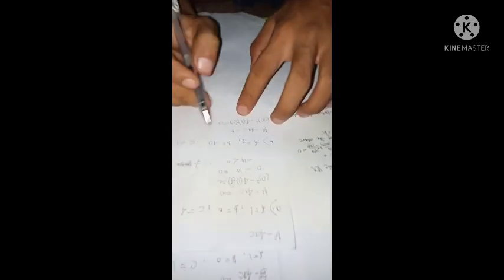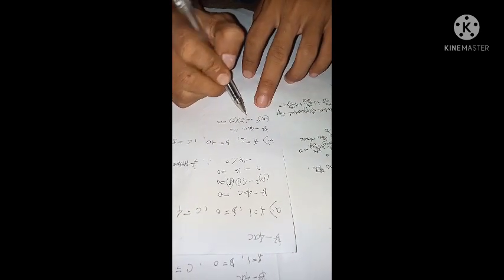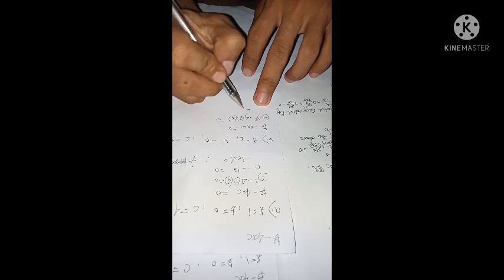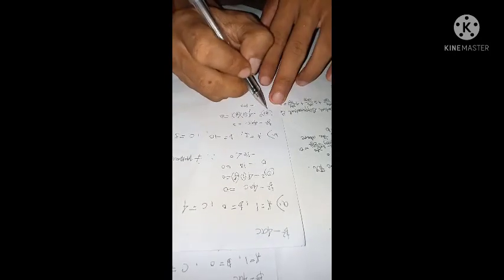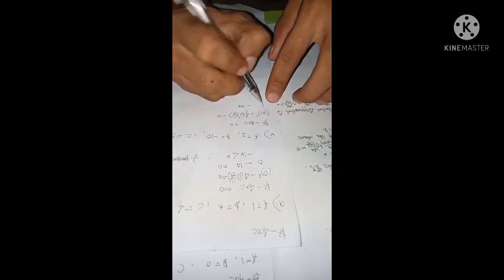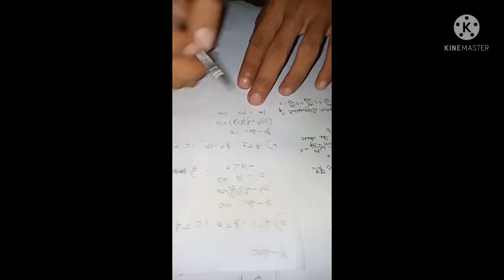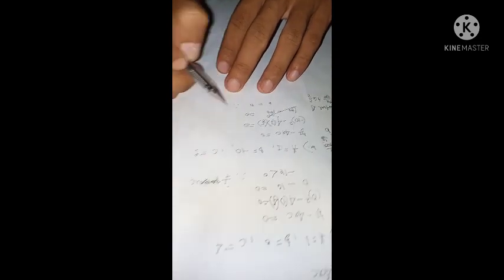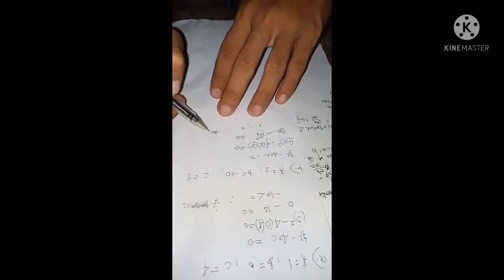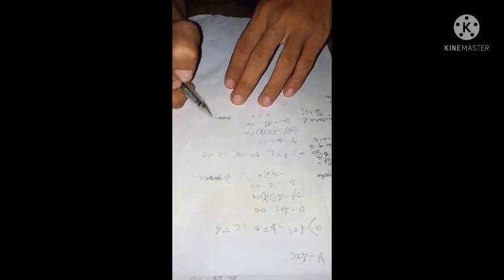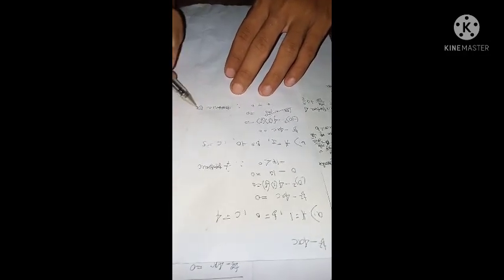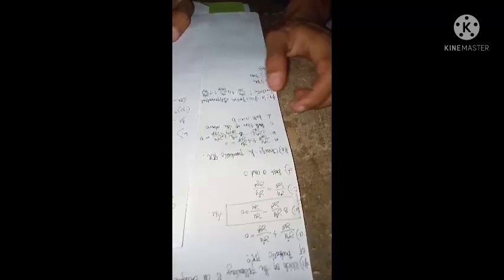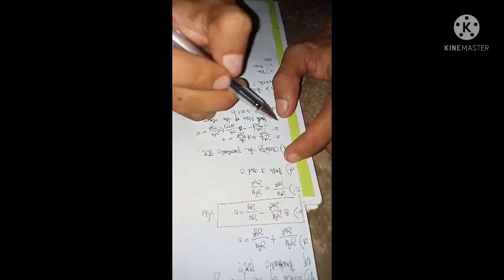So 5 times 5 is 25 times negative 4 is negative 100. Then 10 squared is 100. So 0 is equal to 0. Therefore this is a parabolic. So the answer here is letter B.